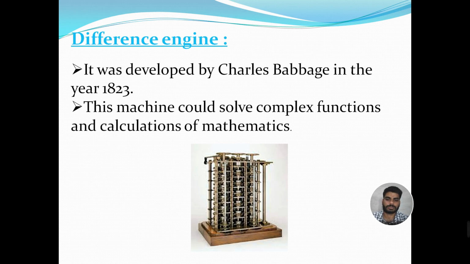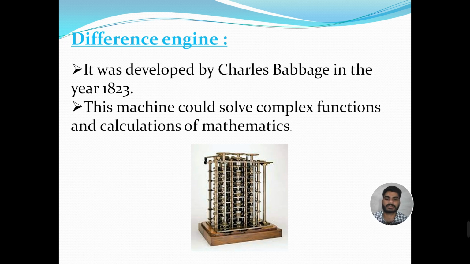All those devices that we have read earlier in this chapter were just used to perform basic calculations like addition, subtraction, multiplication and division. But this was the first device that was used to solve complex functions like trigonometric functions and logarithmic functions.